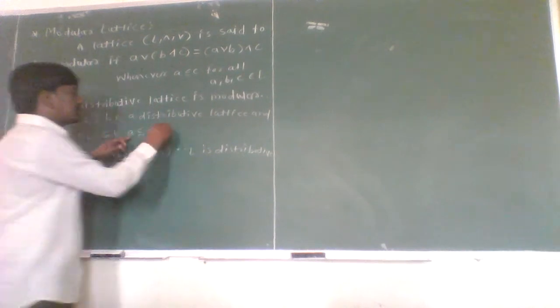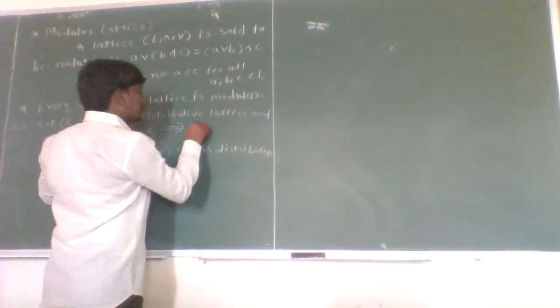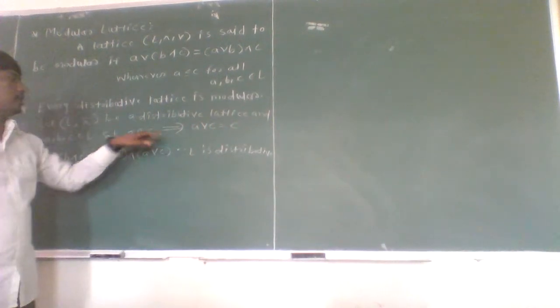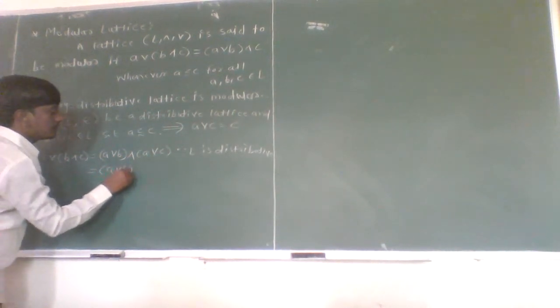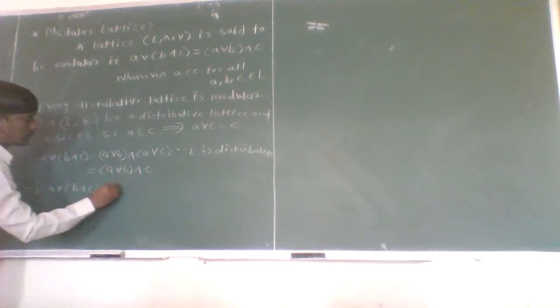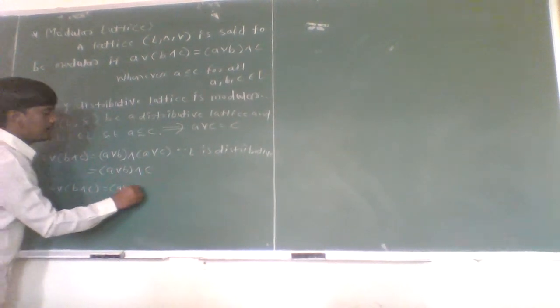Now, as given that A precedes C, by the definition of precedes, A join C is nothing but C. Now put this value of A join C in the distributive equation, then we get A join (B meet C) is equal to (A join B) meet C, which is nothing but the condition of modular lattice.